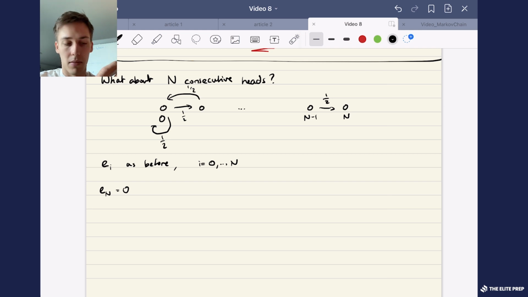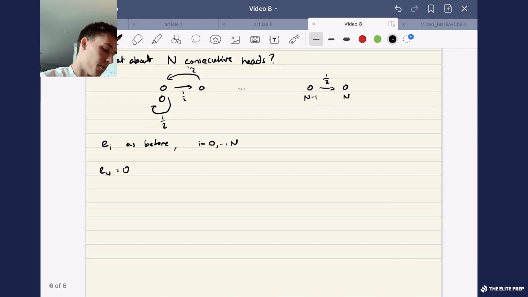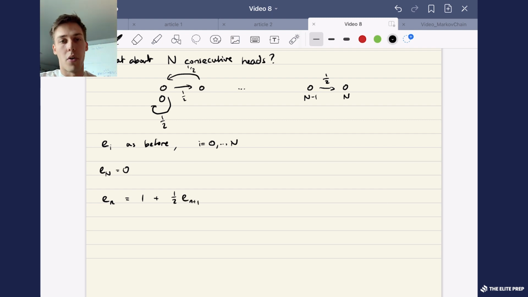So from state n, it takes 0 steps to get to n consecutive heads. Then we can write an iterative formula. E_n is equal to 1 plus 1/2 E_(n+1), because there's a half probability of throwing one more head. If we throw one more tail, then we reset, so we have E0.